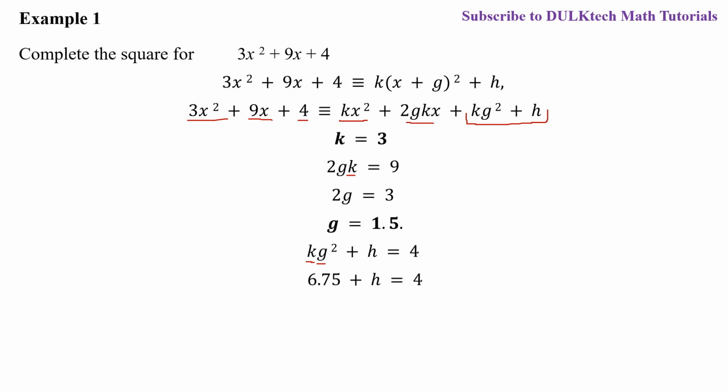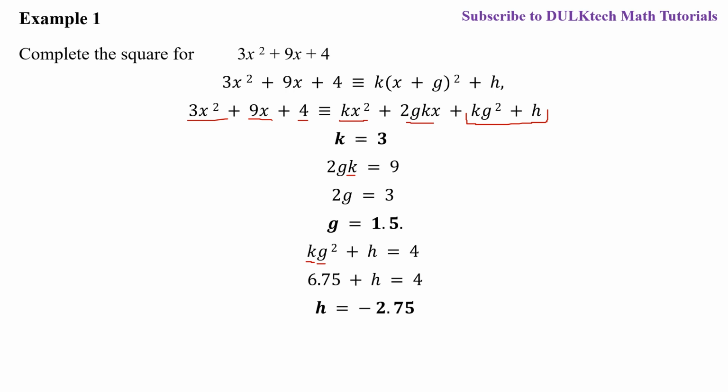Now taking 6.75 to the right hand side, we remain with h is equal to 4 minus 6.75, which reduces to negative 2.75.